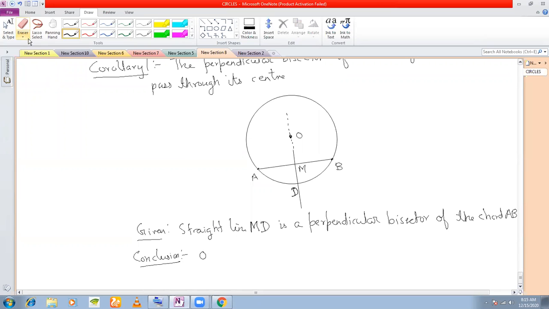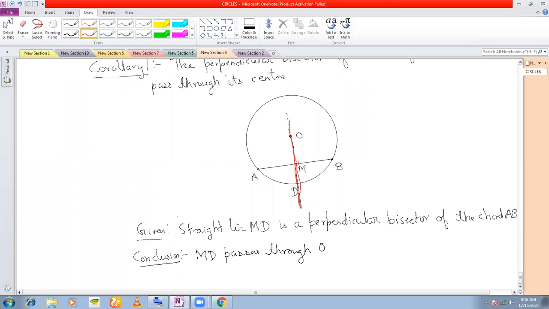You can conclude that MD passes through O. So you have a straight line MD, which is a perpendicular bisector of a chord. Fine. Now, when I produce this, I will see that it must pass through the center of the circle. That is what it means.